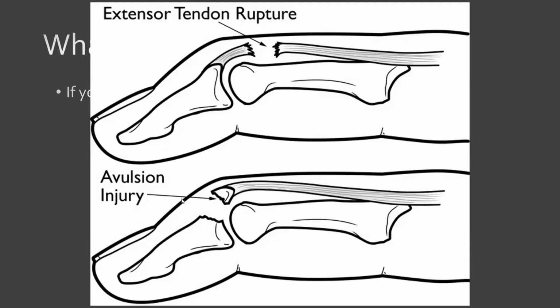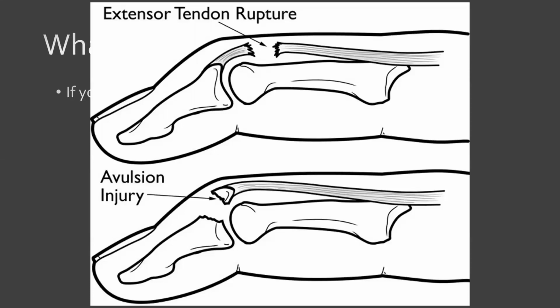This avulsion injury is somewhat common. When you're injuring a finger, yeah, you can stub a finger, but you're usually not injuring your finger, wrist, or hand without some sort of pretty serious impact.